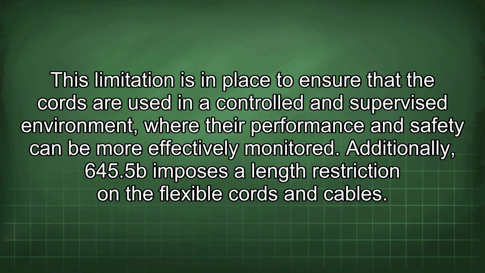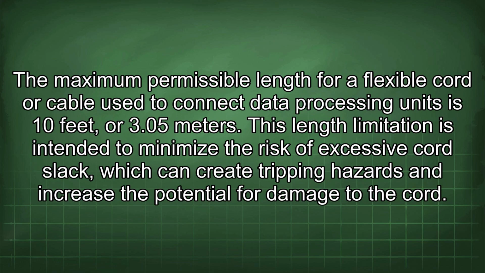Additionally, 645.5 imposes a length restriction on the flexible cords and cables. The maximum permissible length for a flexible cord or cable used to connect data processing units is 10 feet, or 3.5 meters. This length limitation is intended to minimize the risk of excessive cord slack, which can create tripping hazards and increase the potential for damage to the cord.